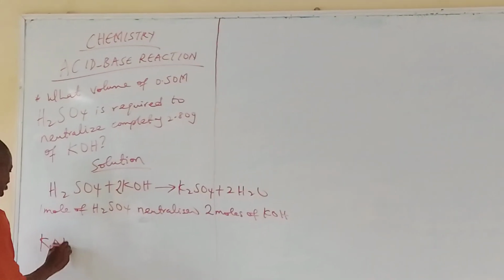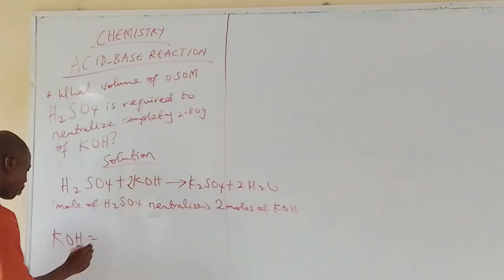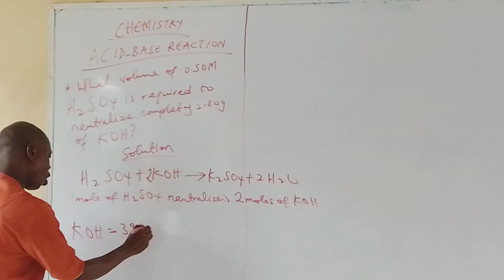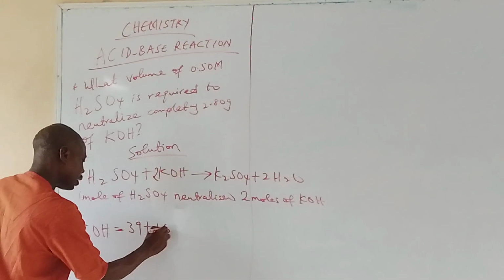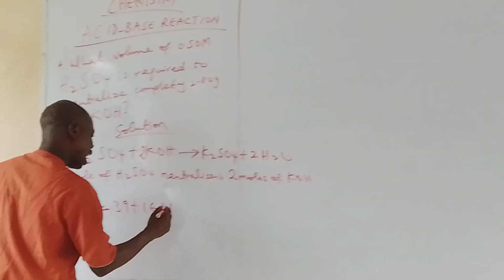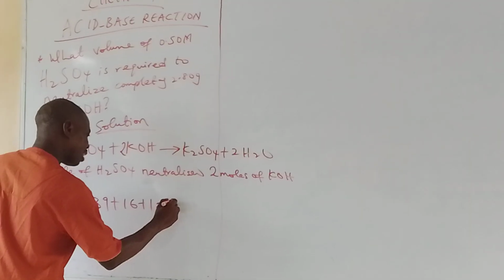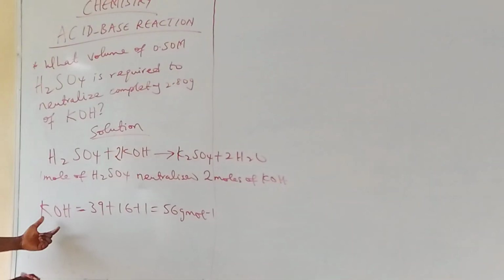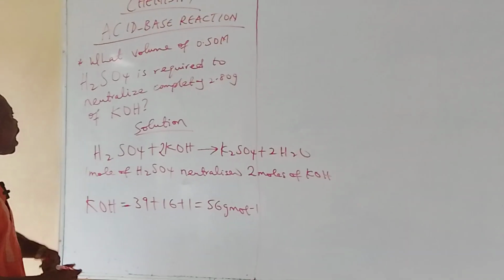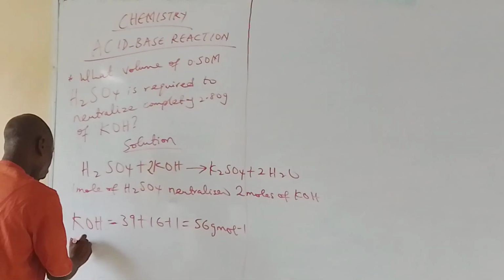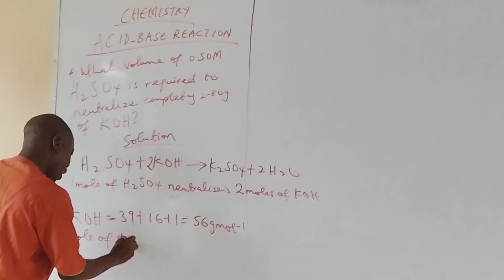For KOH, the atomic mass of potassium is 39, plus oxygen, which is 16, and hydrogen, which is 1. When I add everything together, I get 56 gram per mole. Since I've determined the molar mass, I'm going to find the mole of KOH.